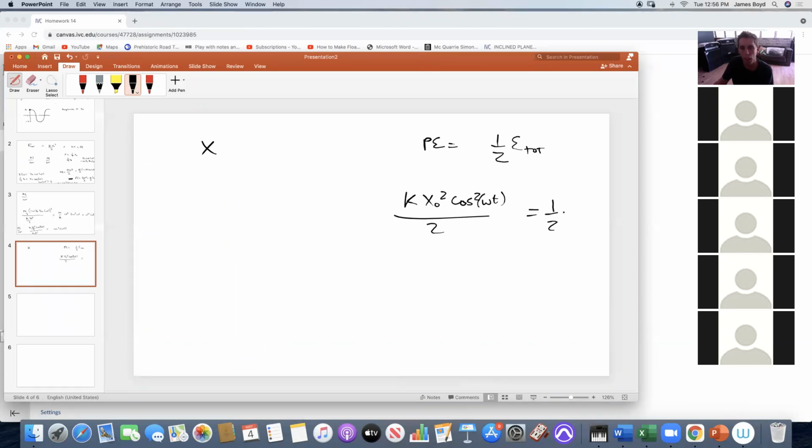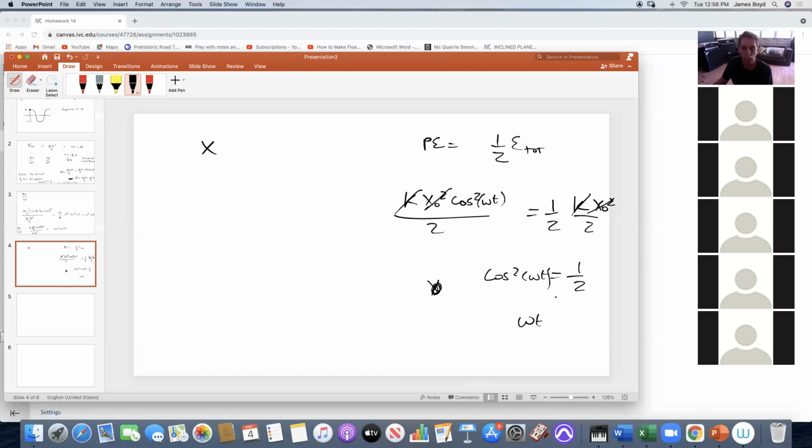And this would be 1/2 times k x naught squared over 2. So the k's cancel, the x naughts cancel, and we get cos squared omega t is equal to 1/2.